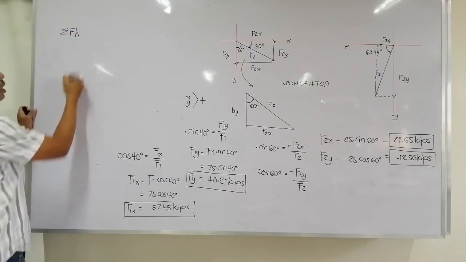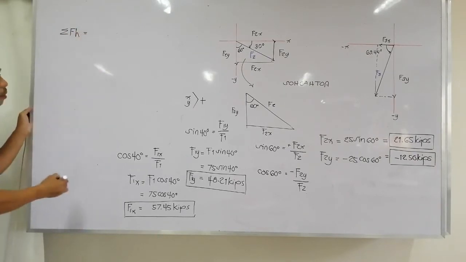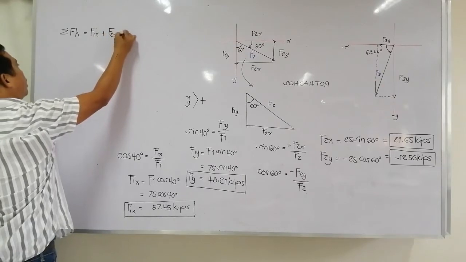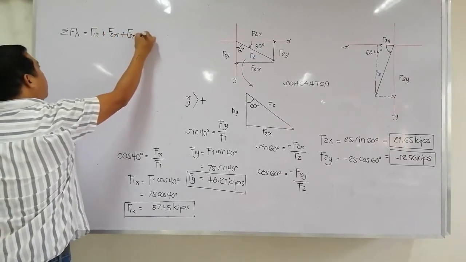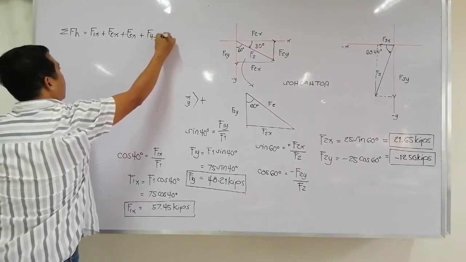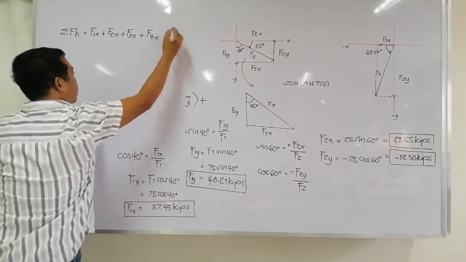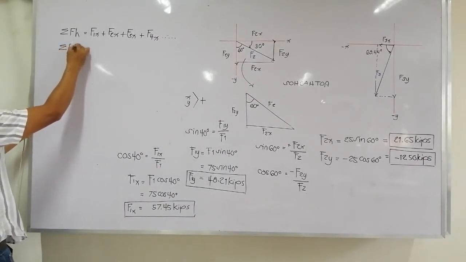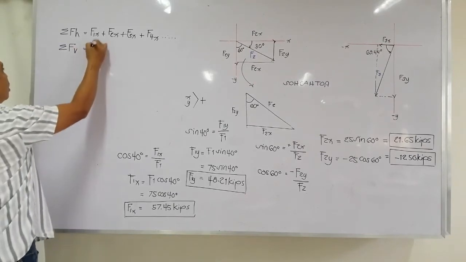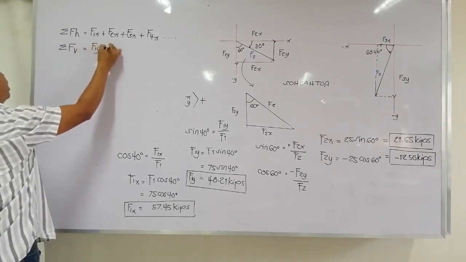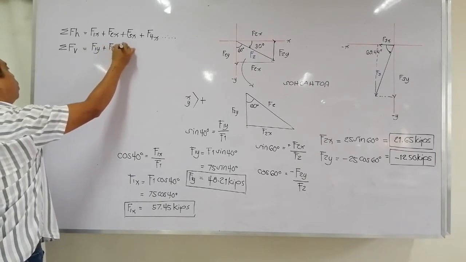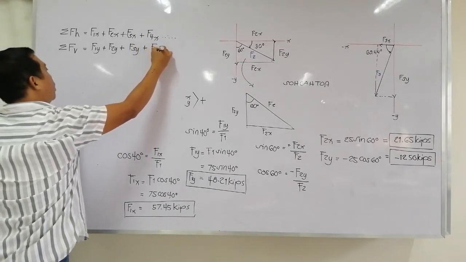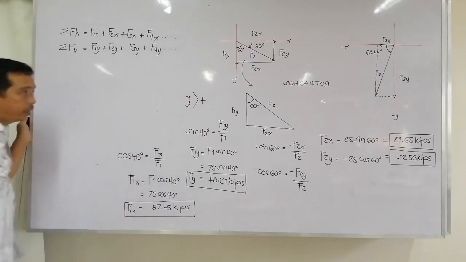Ibig sabihin horizontal forces, X is equivalent to your F1X plus F2X plus F3X plus F4X, so on and so forth, sakaling higit pa dun sa apat. And for the summation of your forces along the vertical or y-axis would be the y component of F1 plus the y component of F2 plus y component of F3 plus the y component of F4, and so on.